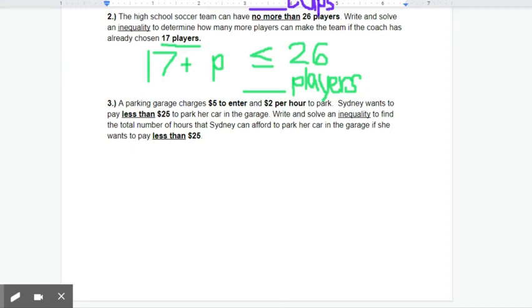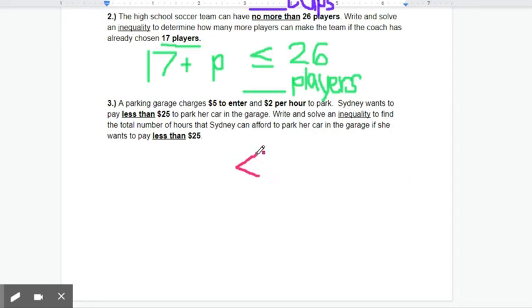So to start off, let's look at the phrase that I underlined, less than. So the inequality symbol that we're going to use is the less than symbol. That one was easy. So Sydney only has $25 to spend on parking.